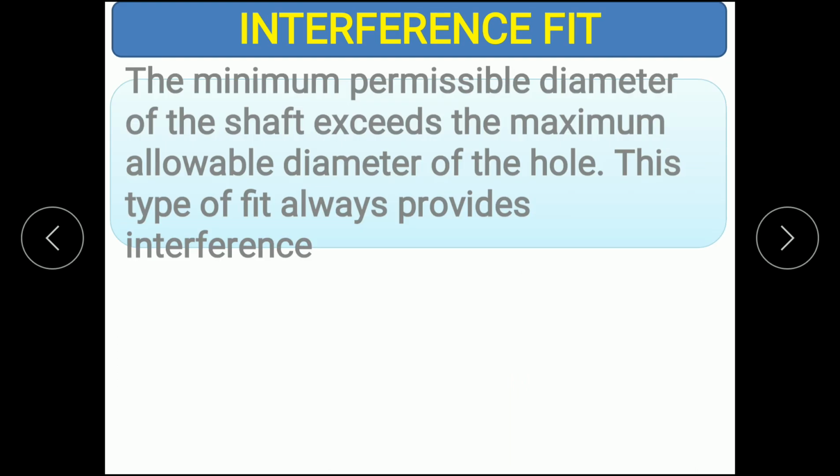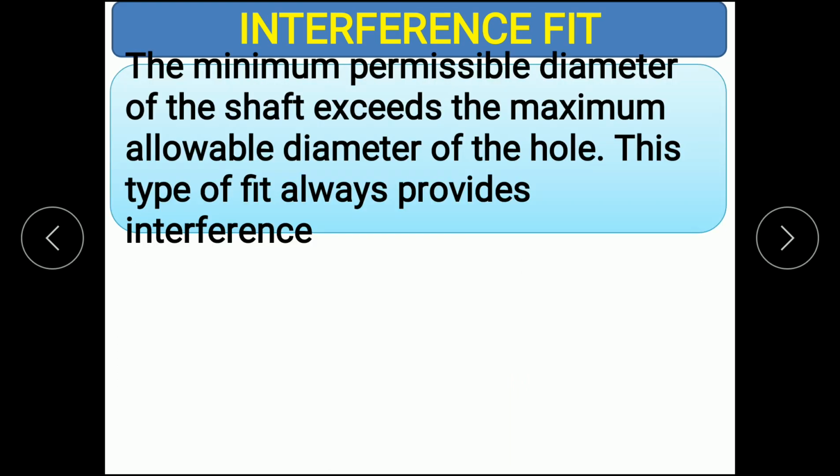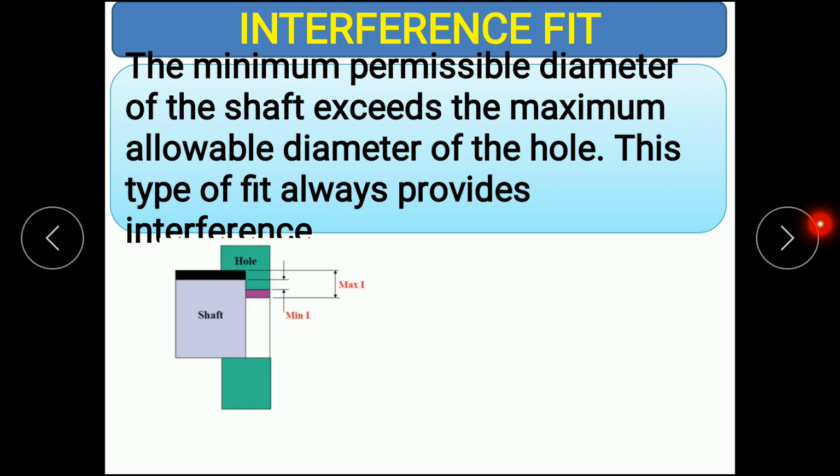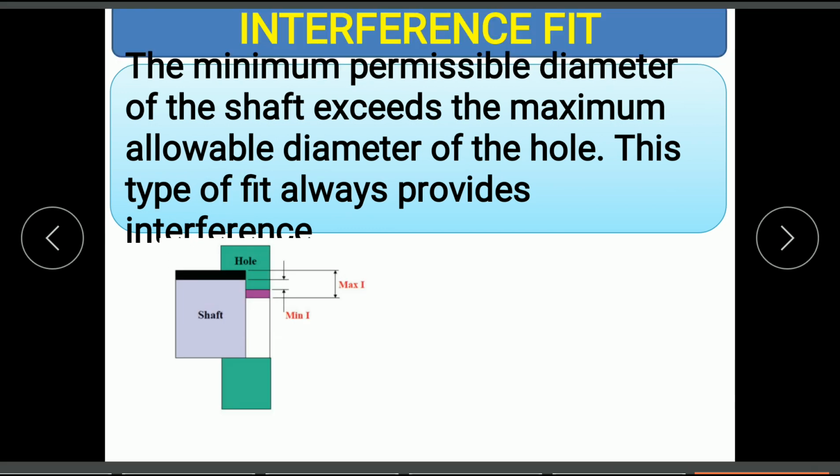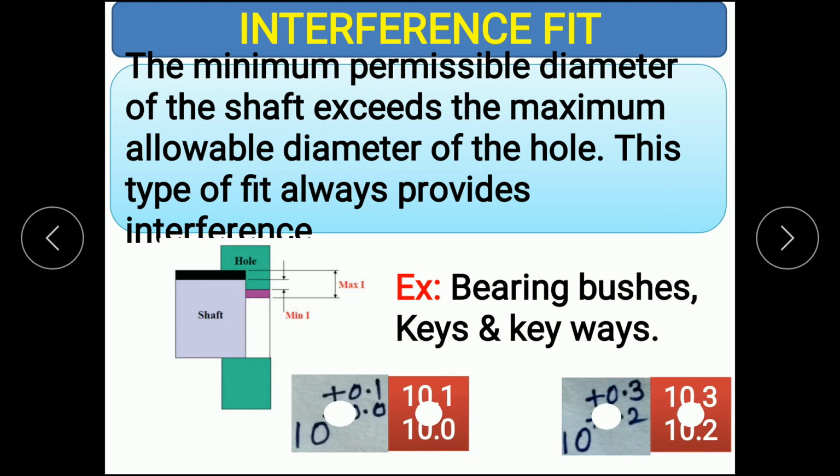Next is interference fit. Interference fit means the minimum permissible diameter of the shaft exceeds the maximum allowable diameter of the hole. So this type of fit always provides interference. You can see here, there is always some interference.